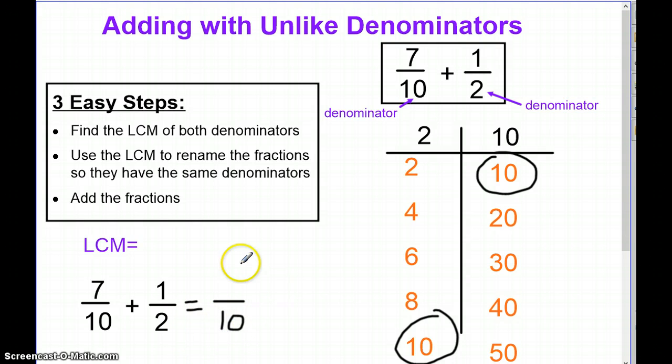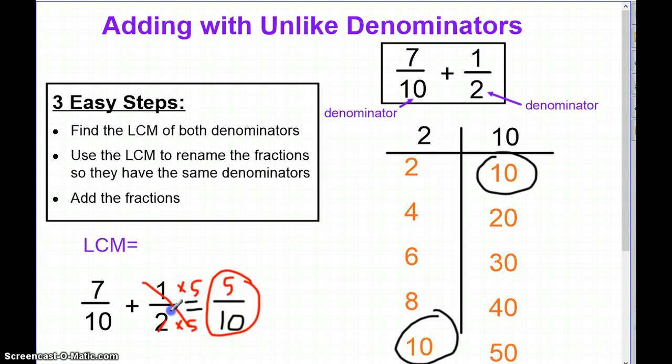Whatever you do to the bottom, you do to the top. So we need to look for the relationship. How do you turn a 2 into a 10? Well, you multiply it by 5, right? 2 times 5 is 10. Whatever we do to the bottom, we must do to the top. 1 times 5 is 5. So now we have this equivalent fraction right here, 5/10, which is equal to 1/2.